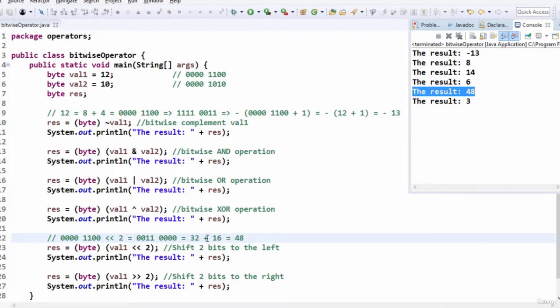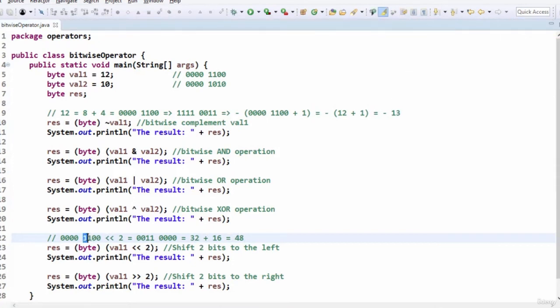Actually what is happening is that the bit at the place value 8 has been transferred to the place value 32, and the bit which was at the place value 4 has been transferred to the place value 16. So actually we are doing a 2 to the power of 2 multiplication, that means multiplication by 4.